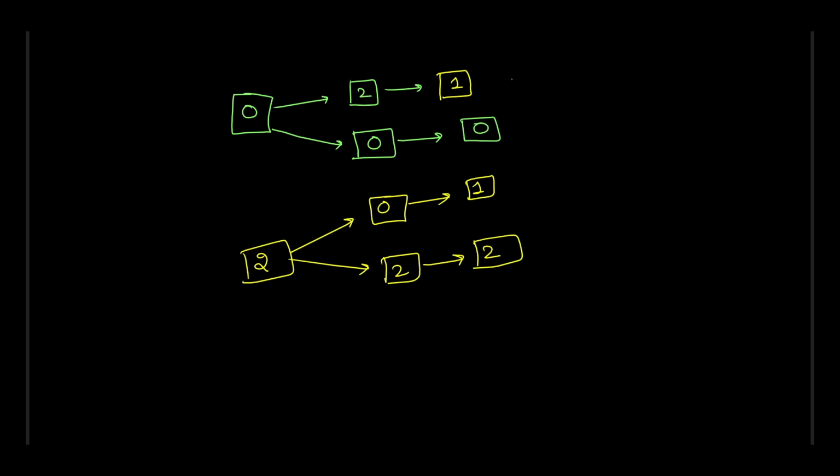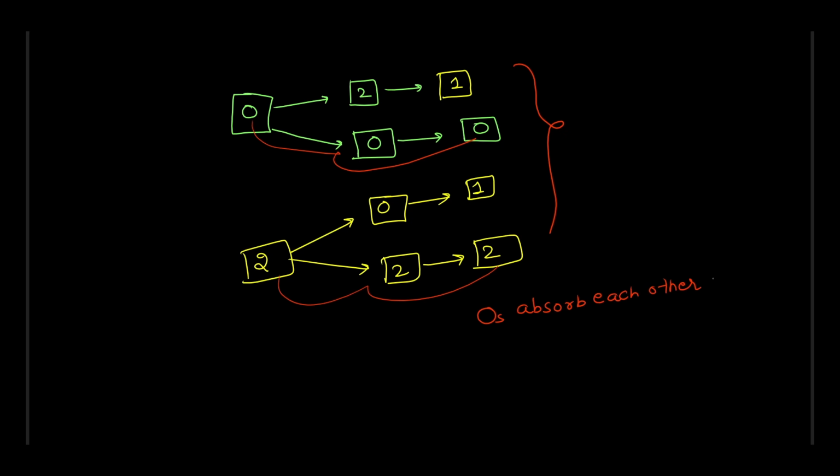Now try to pause this video and make some more smart observations just by looking at these transitions. You can notice that 0 and 0 produce a 0, and 2 and 2 produce a 2. This means that zeros absorb each other, and you can claim the same thing about 2. The 2s also absorb each other.